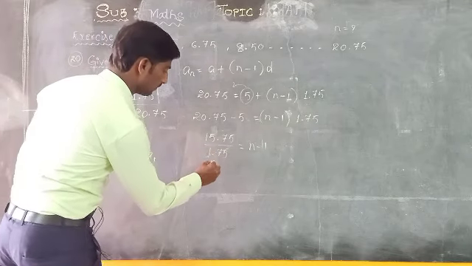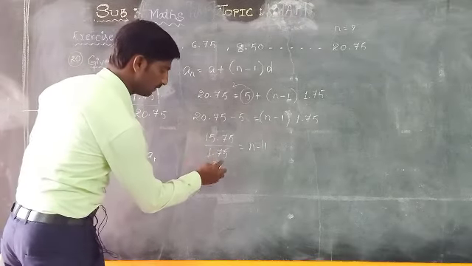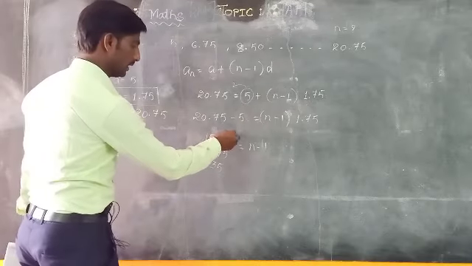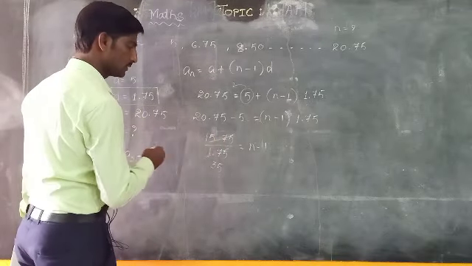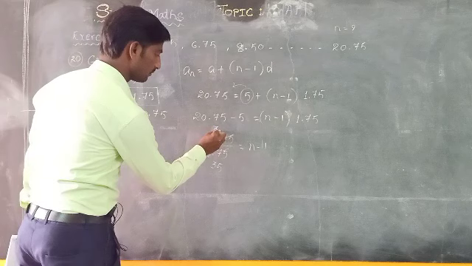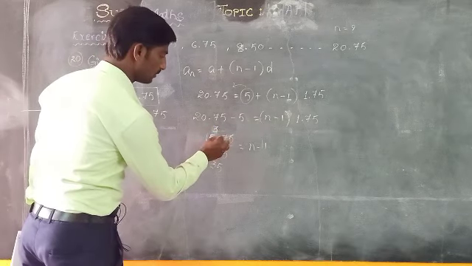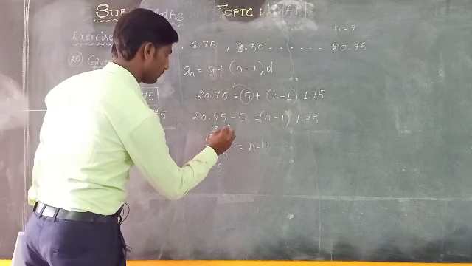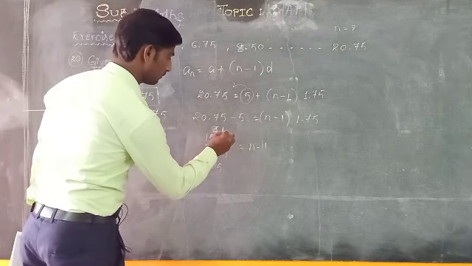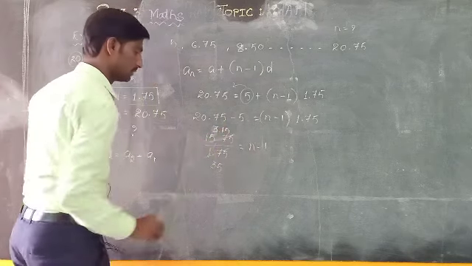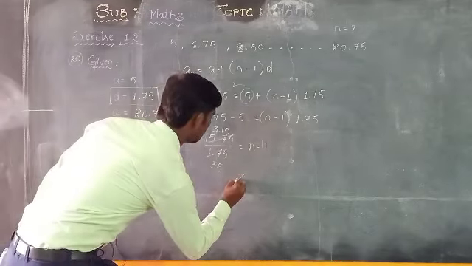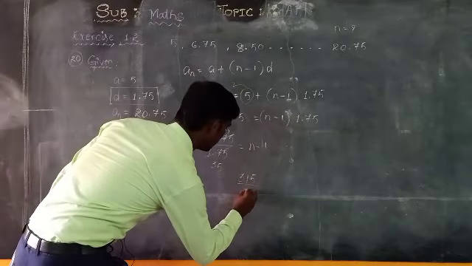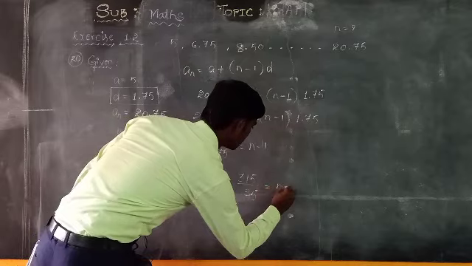5 3s are 15, 5 5s are 25. Again, 5 3s are 15, 5 1s are 5, 5 5s are 25. Again what we have here: 315 divided by 35 is equals to n minus 1.